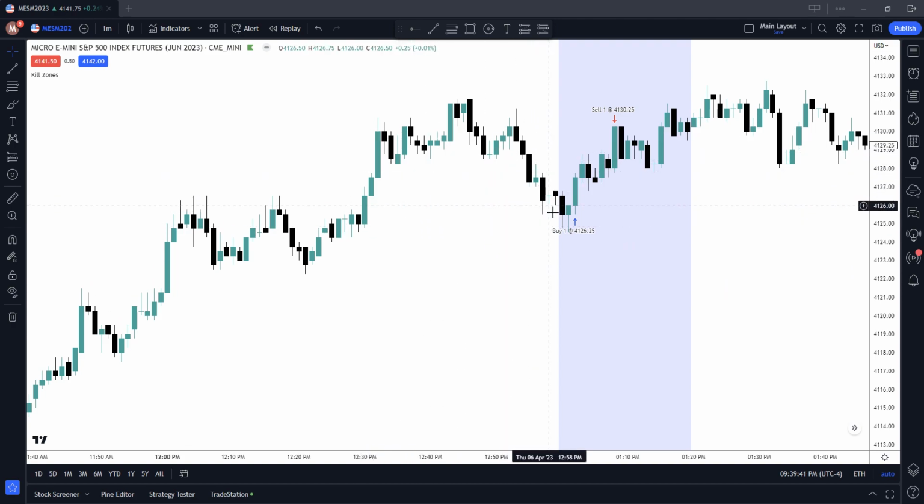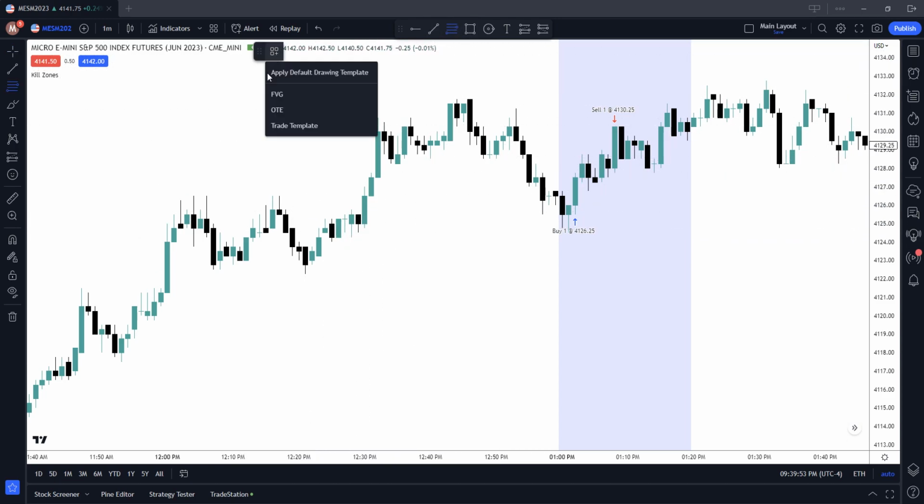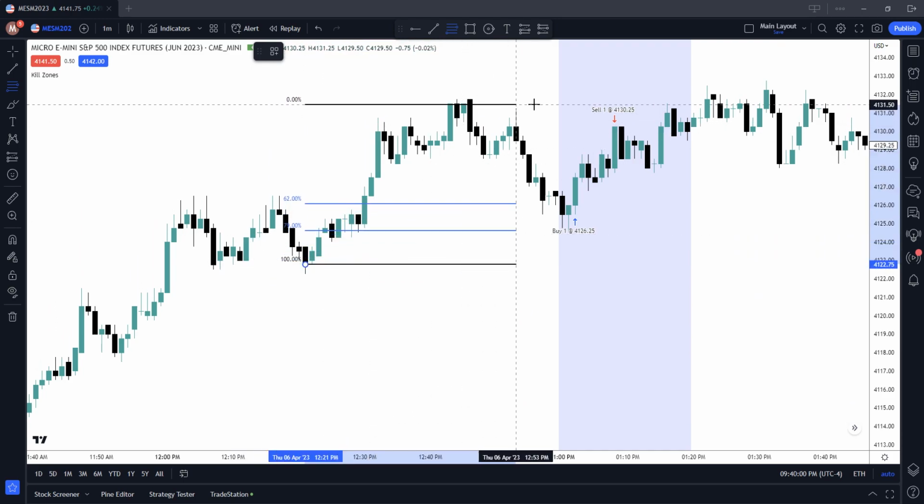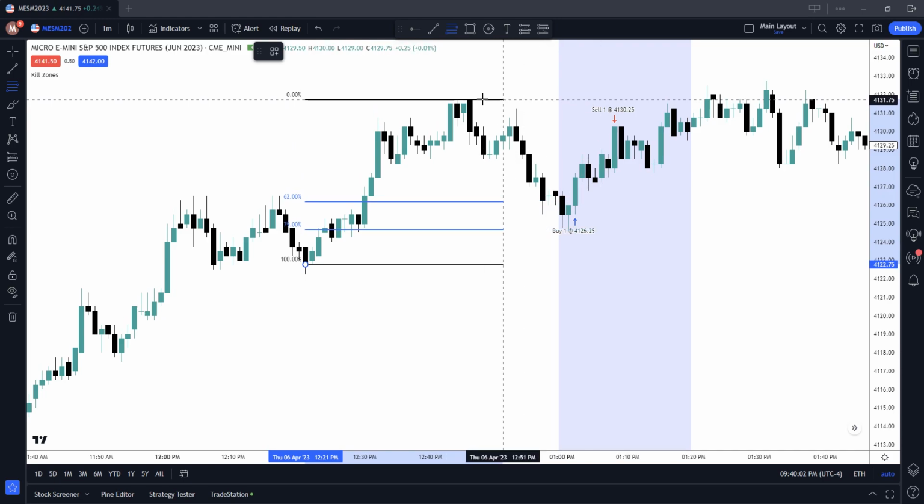And then once I realized kind of what it was doing, or at least what I thought it was going to do, was it was coming back down into these fair value gaps. So what I did was I did the same thing here from this swing low to this swing high right here.